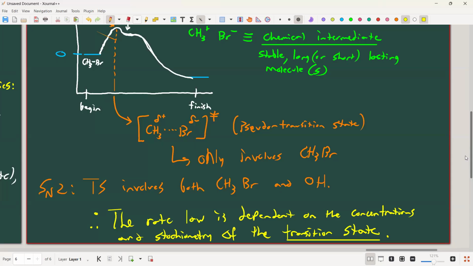But you know that your system has to pass through that point. So the question is, is there a way we can measure it indirectly? Is there a way we can measure that activation energy if we can't isolate it? We can't equilibrate to it. We can't measure an equilibrium constant for the transition state. It's impossible. We have to find some indirect way to do it. And thank God there is one.